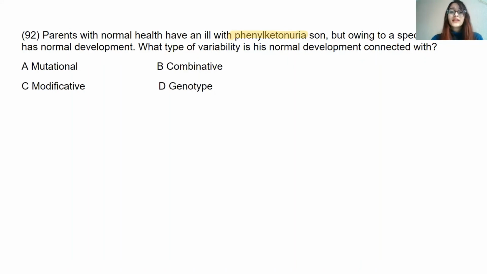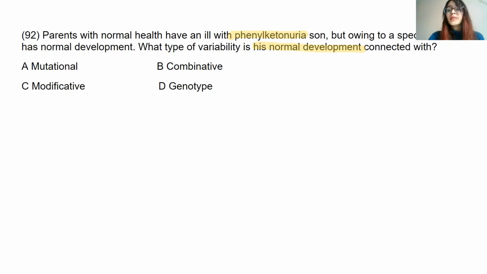But you see the question is asking what type of variability this normal development is connected with. Owing to a special diet, now he has normal development, but this does not change his genotype. He still has that gene. He still is autosomal recessive for phenylketonuria, and so it is still heritable to his future generations.